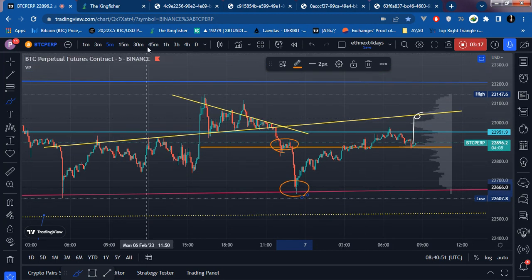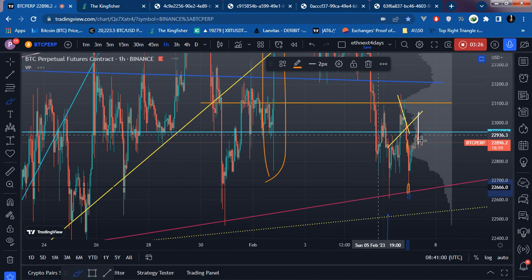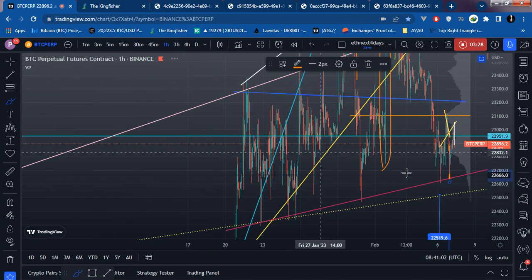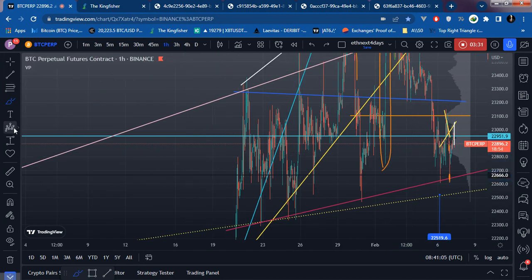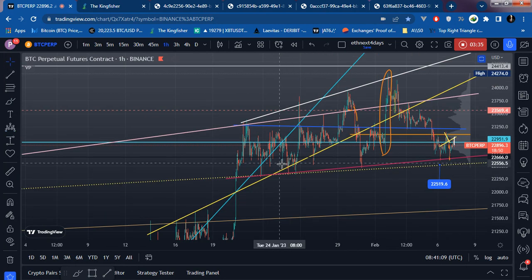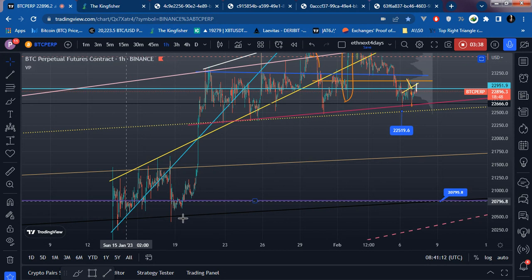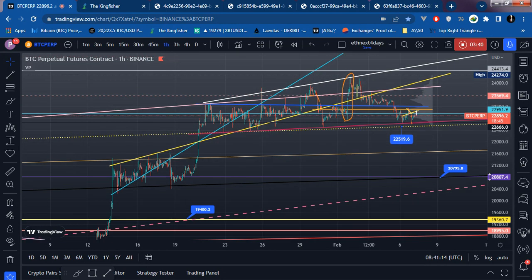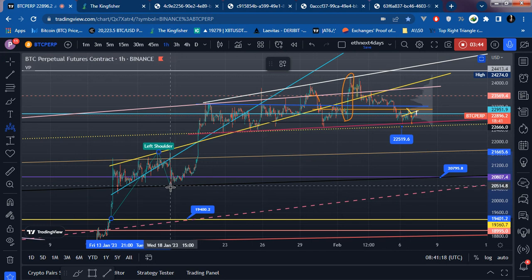So the other thing I want to mention is the head and shoulders possibility on Bitcoin. Again, if you look at the 1 hour, 4 hour will do, here is the left shoulder. Let me just draw it for you. So this will be the left shoulder, and this black line is the neckline.